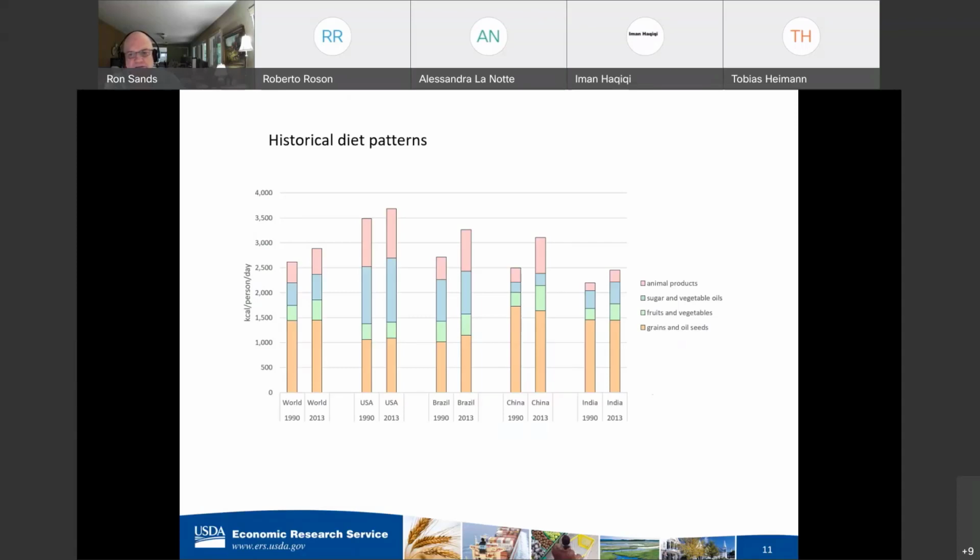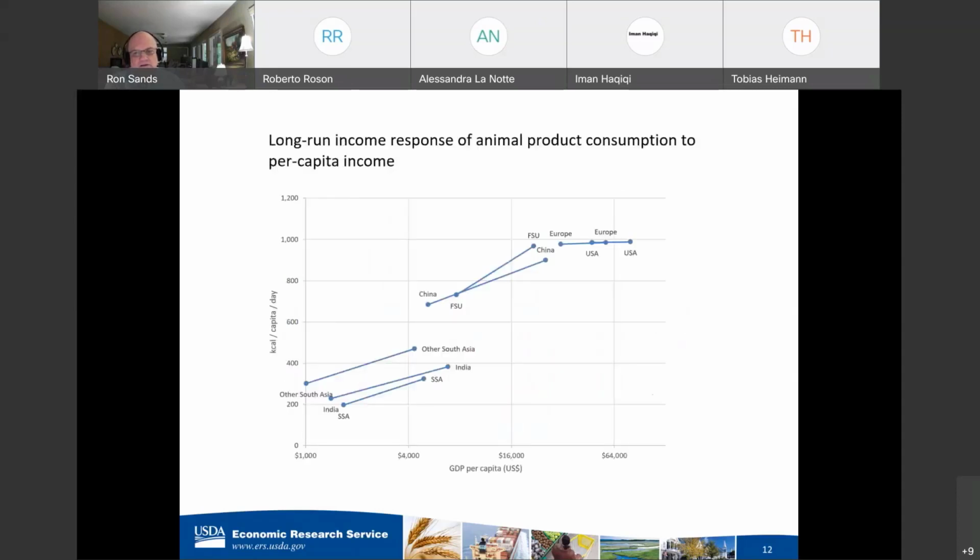Very large increase in animal products consumed for China in terms of calories between 1990 and 2013. Increase is not as great in the US or India, but in India, it's a very small share of the total calories regardless.